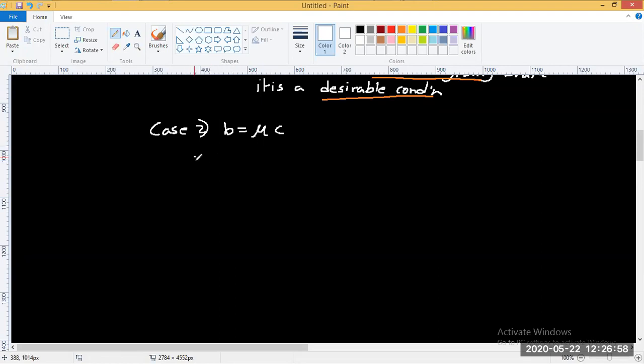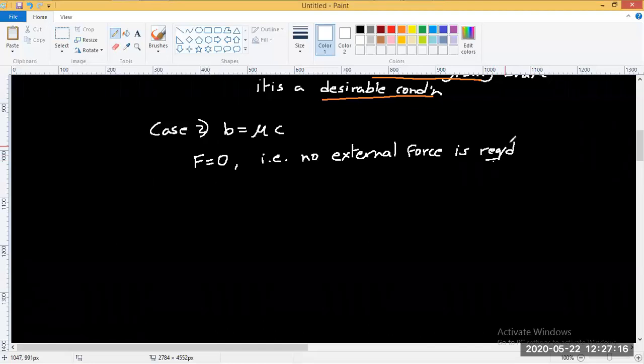So in this case F equals 0, which means no external force is required for braking.